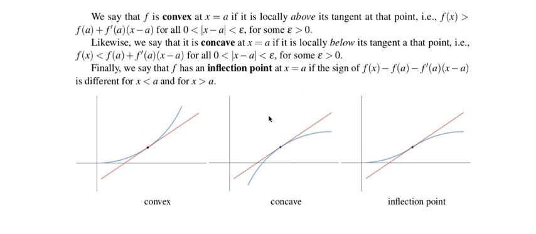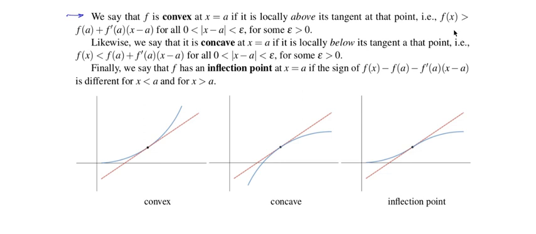Okay? But first, before going into that, we need to define some of these behaviors, how to characterize that behavior around the point, right? And so this is the important property of characteristic of convexity, right? So we say that a function f is convex at x equals a if it is locally above its tangent at that point, okay?